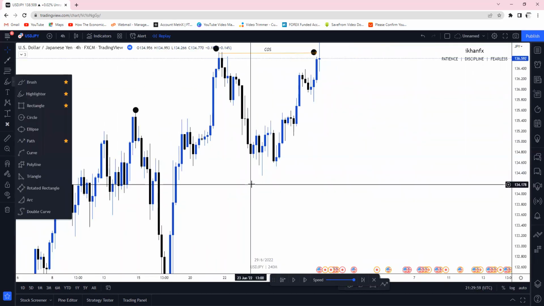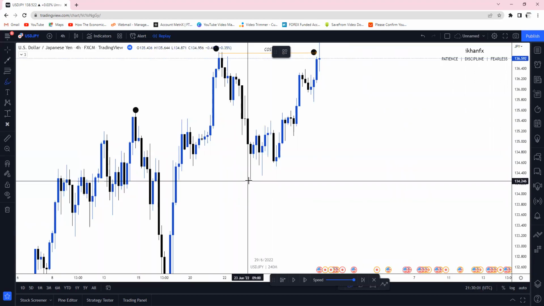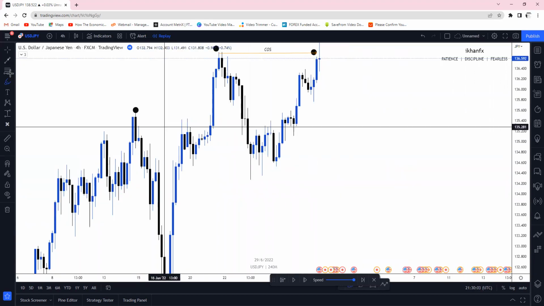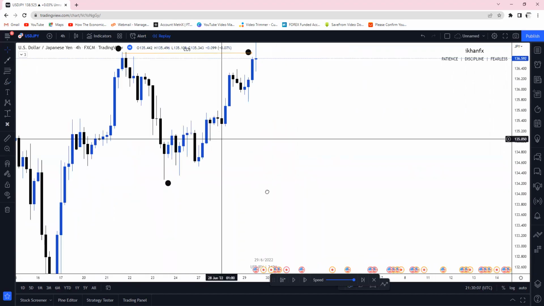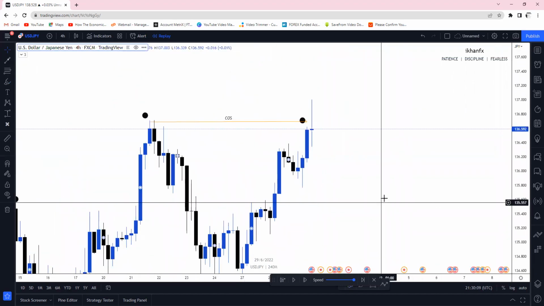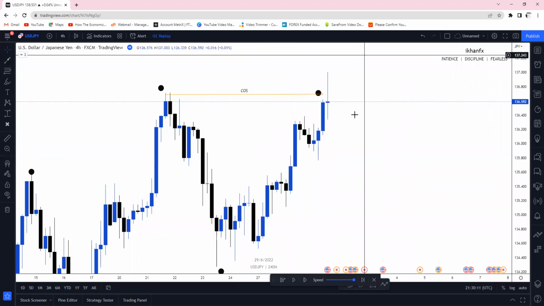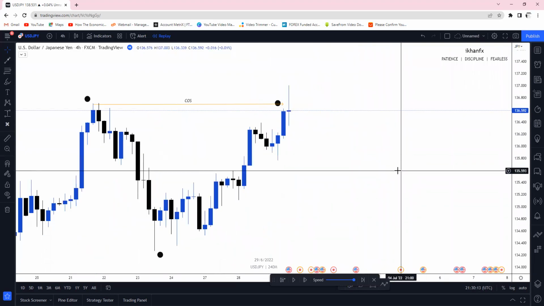Price imetengeneza cause. Again, movement ya uptrend bado haijaisha, inaendelea.